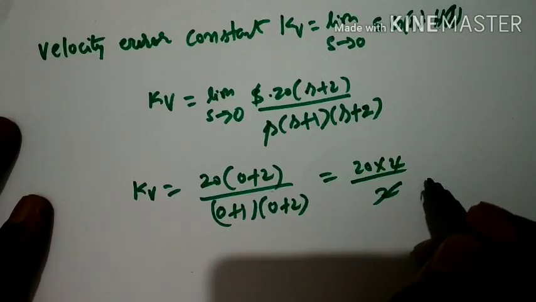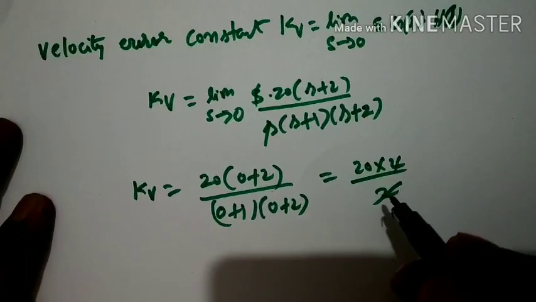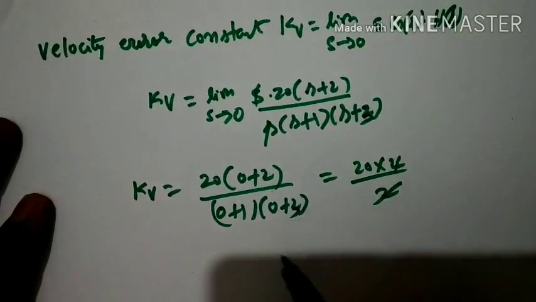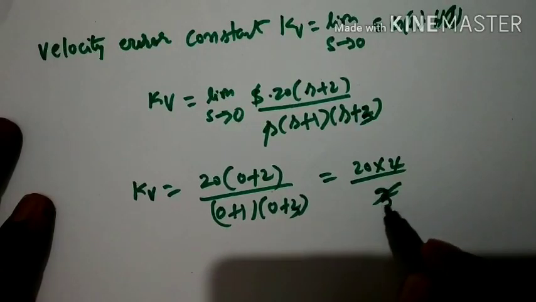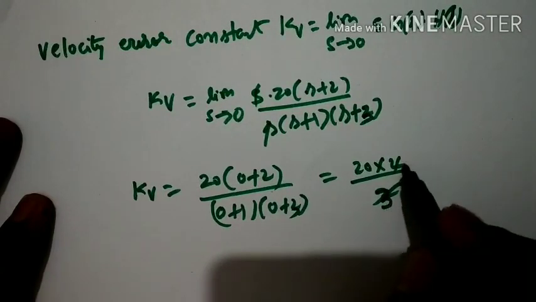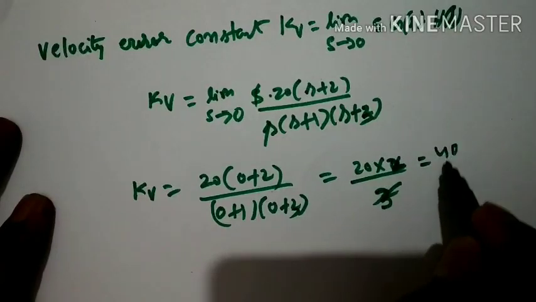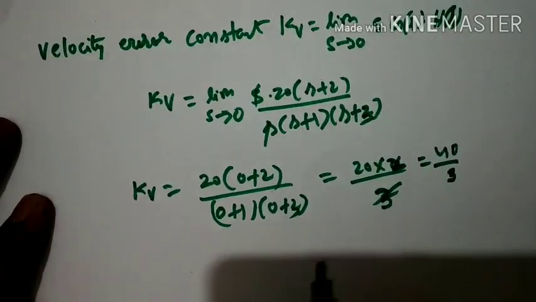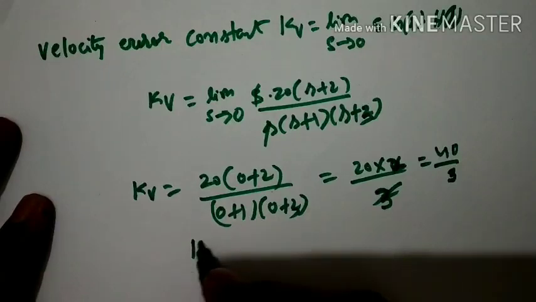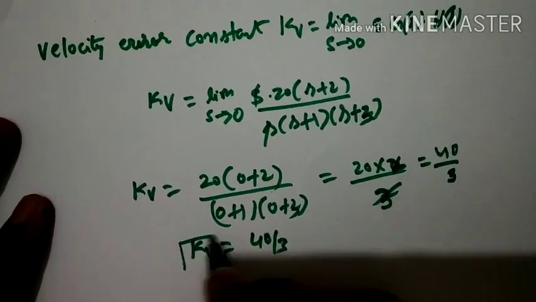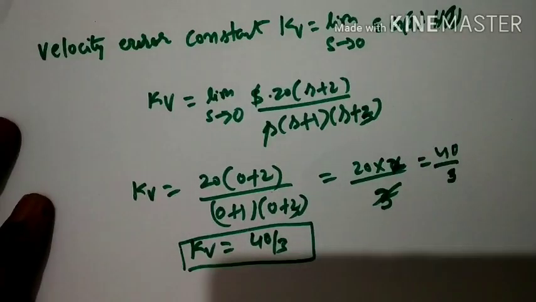Sorry, here this value is 3, it's not 2. So you will get 40 by 3. So your Kv is equal to 40 by 3. So you got the velocity error constant.